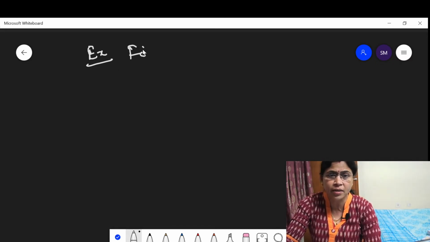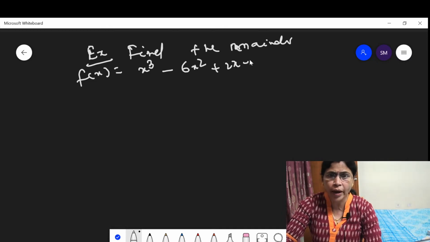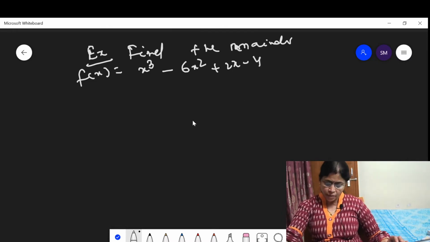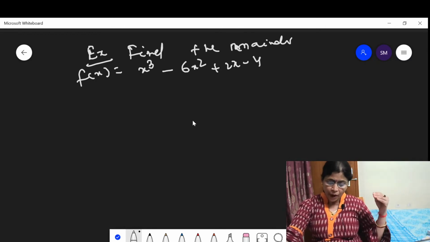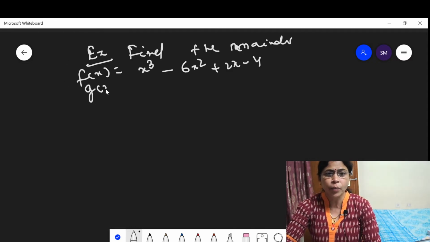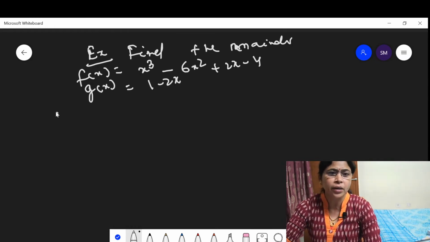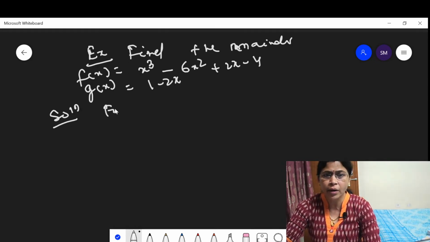Here the question says find the remainder of f(x) when f(x) is x cube minus 6x square plus 2x minus 4, and g(x) is another polynomial which is given here, 1 minus 2x. Then find the remainder.